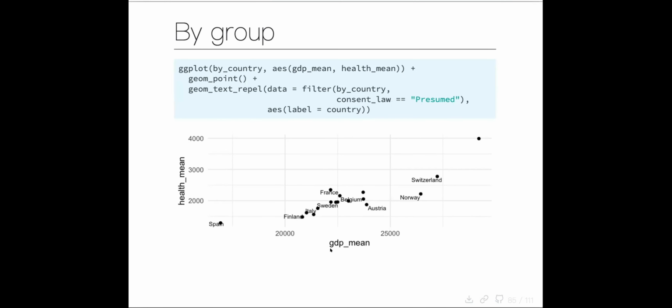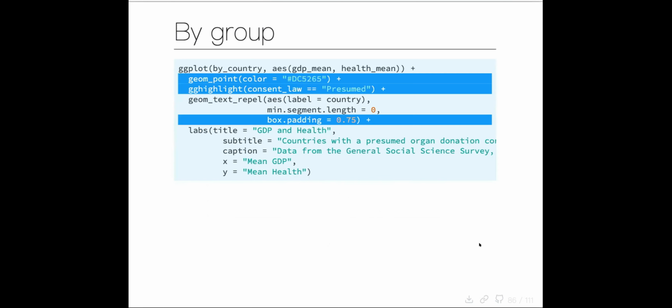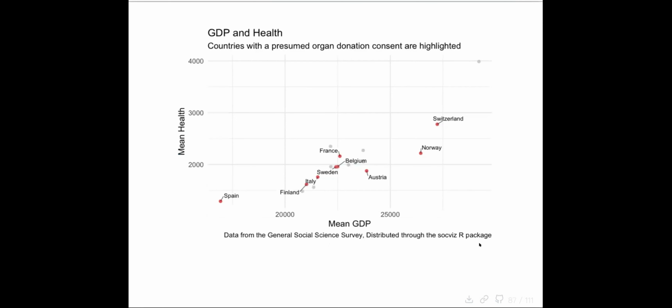The last thing I want to show is that you can also pretty easily label them by some other variable, right? So here I'm labeling them by the consent law, whether it's presumed or not, okay? So using geomTextRepel on whether the consent law is presumed, and you get all the presumed countries labeled. And then we can do this with ggHighlight as well, and you get things that look like this.